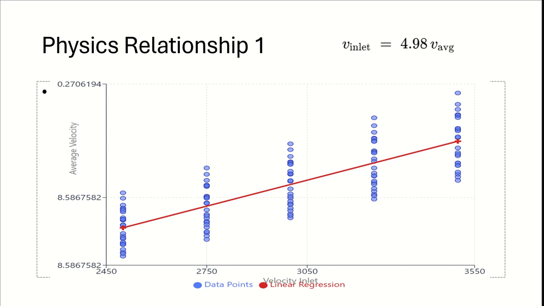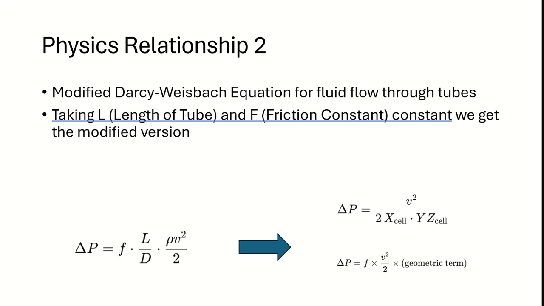Physics relationship 2 was by far the one that took the most time, which is a modified Darcy-Weisbach equation for fluid flow through tubes. Now it's important to know that the Darcy-Weisbach equation here, listed in the bottom left, does not really apply directly to the heat exchanger over here, because the friction coefficient changes with the lattice size, so it's difficult to model this.